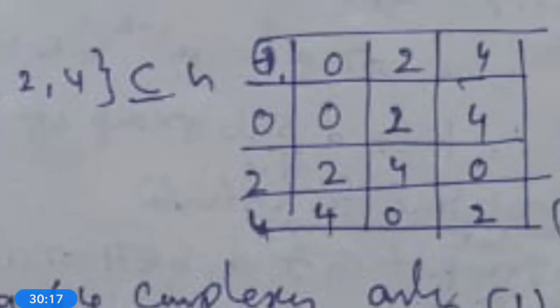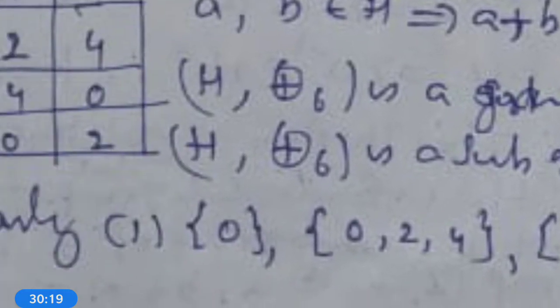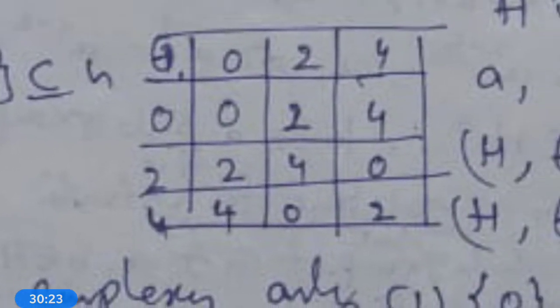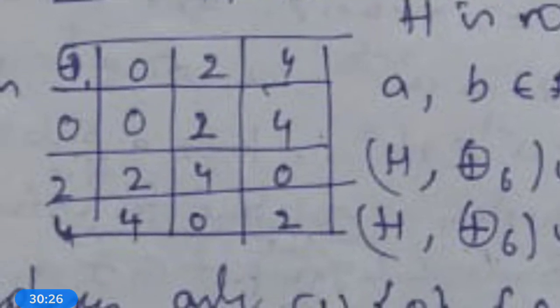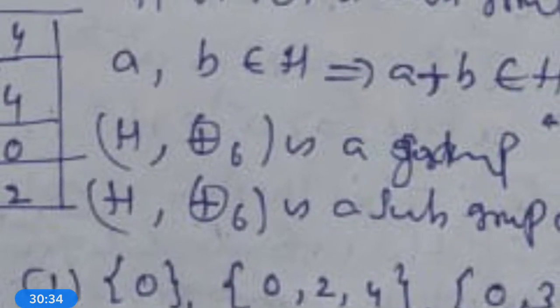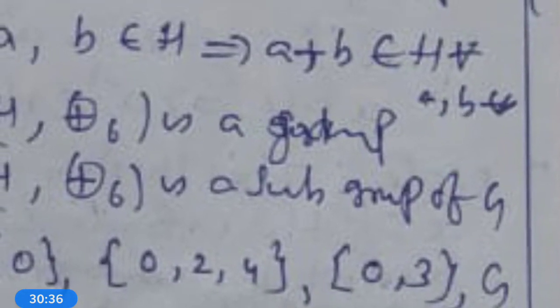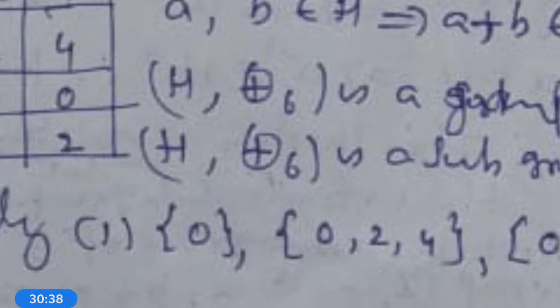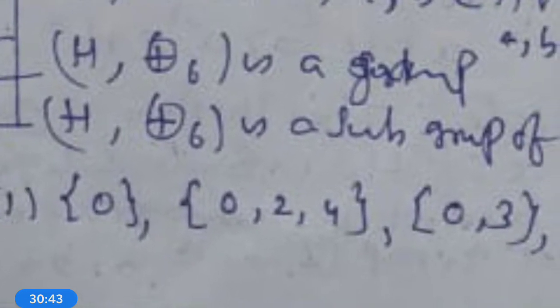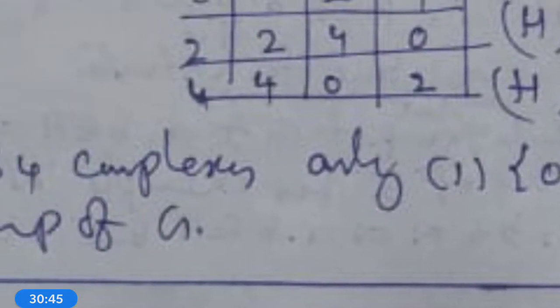Now, H is equal to {0, 2, 4}, a subset of G. The binary operation table is like this: 0, 2, 4, 0, 2, 4. This implies all the elements belong to H. Therefore, a, b belongs to H implies a plus b belongs to H for all a, b belongs to H. Therefore, H, comma, circle plus 6 is a group, and therefore a subgroup of G.